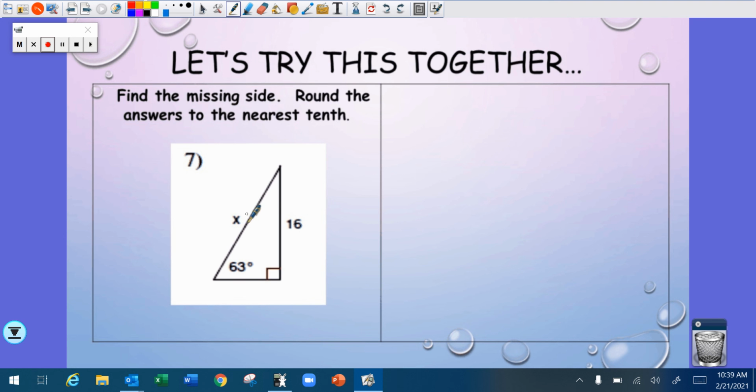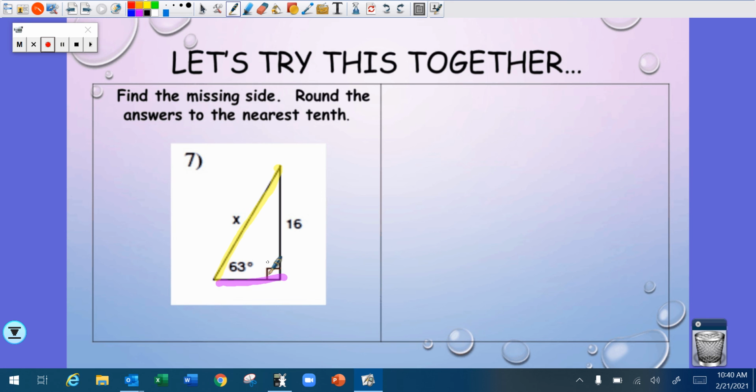But the problem is I have two unknowns. I don't know the value of this side, nor do I know the value of this side down here. So since I don't know the value of these sides, in order to use Pythagorean's theorem, I have to know at least two sides, and then plug into the formula to find the third side. Well, that's not the case here.